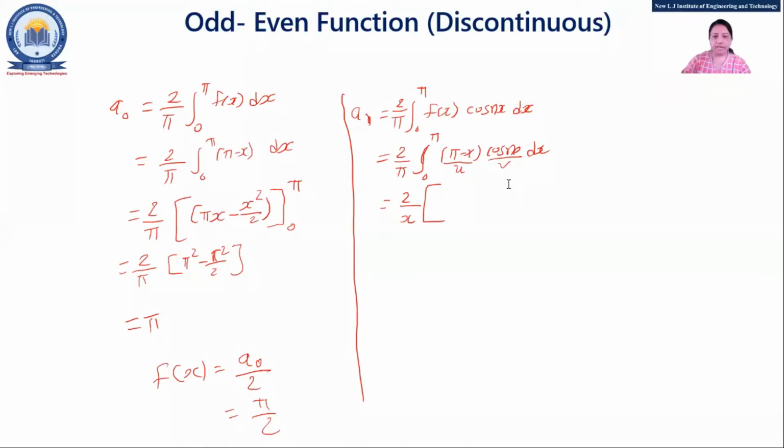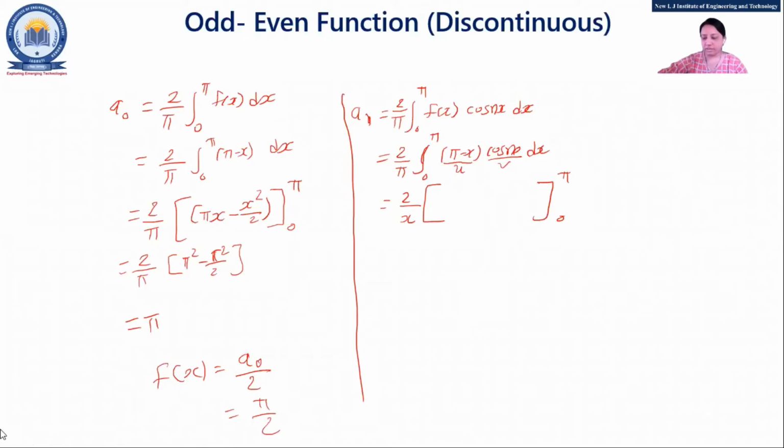Is there any doubt in that answer? Or is it required to do the whole thing? Because we have seen this previously, pi minus x into cos nx, how to do the integration in general form and how to solve it. Any doubt? Okay, fine.